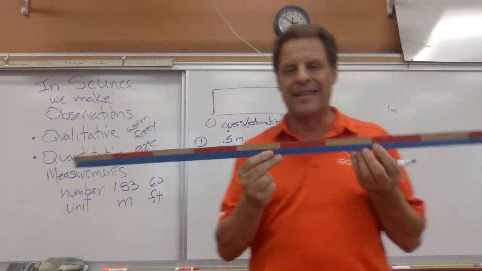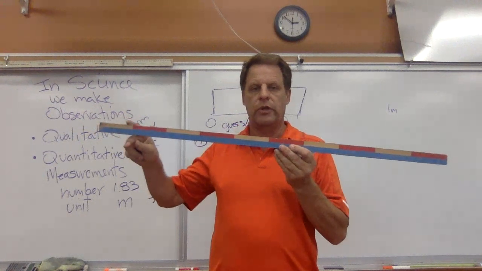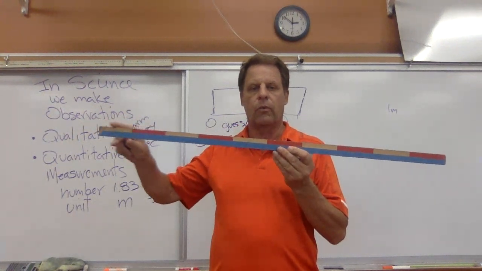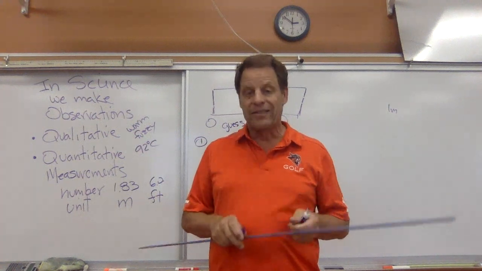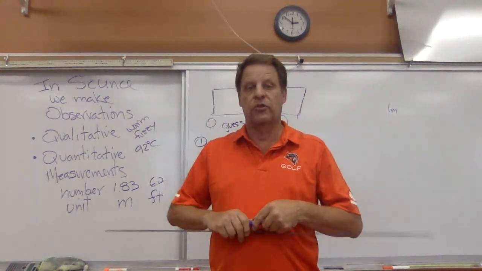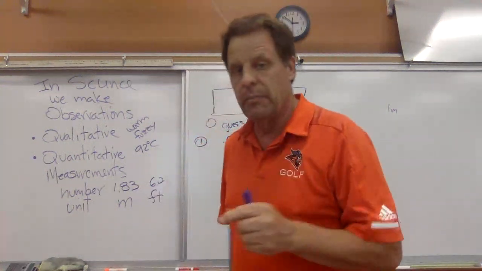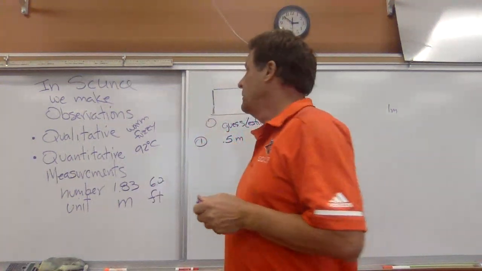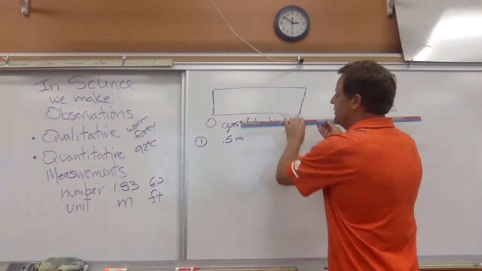Now if we look at this meter stick, it has divisions between the white and red and white and red. All those are a decimeter, or 10 centimeters, or a tenth of a meter. So now we're going to make the same measurement, but using this side.